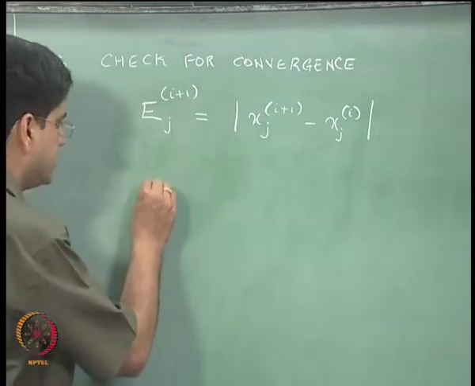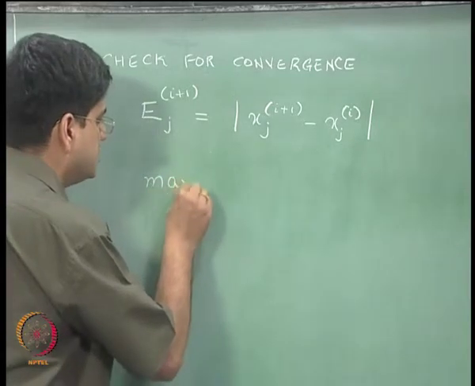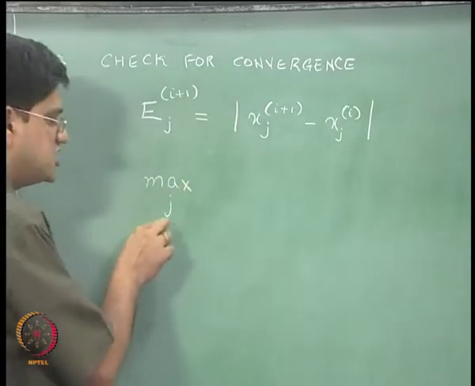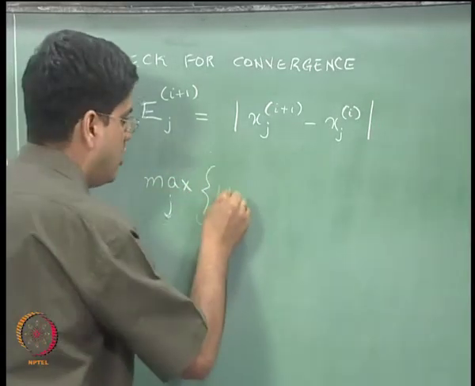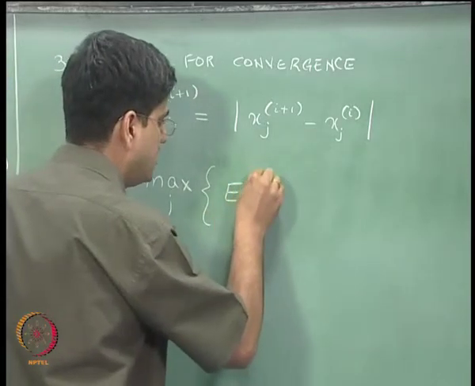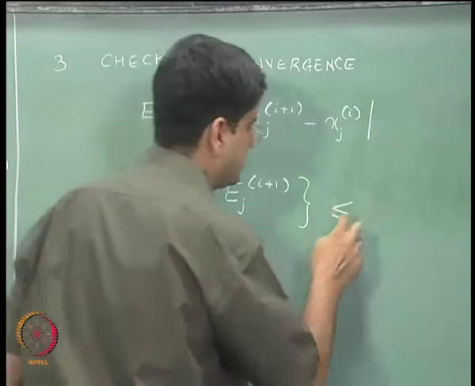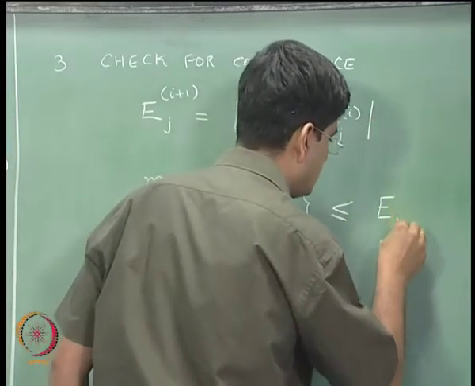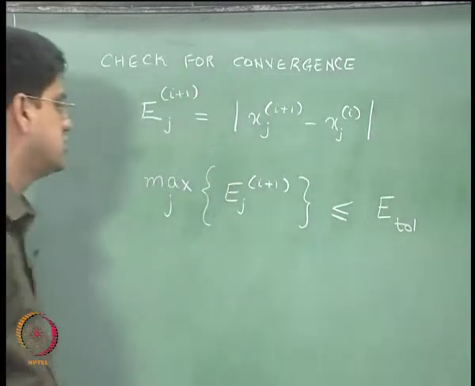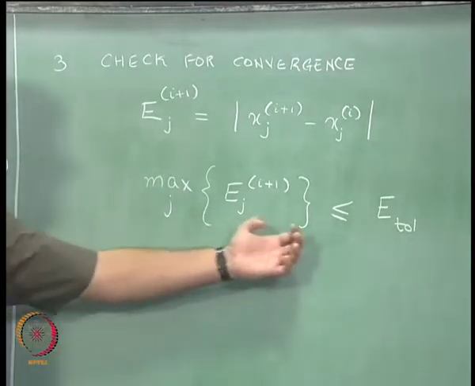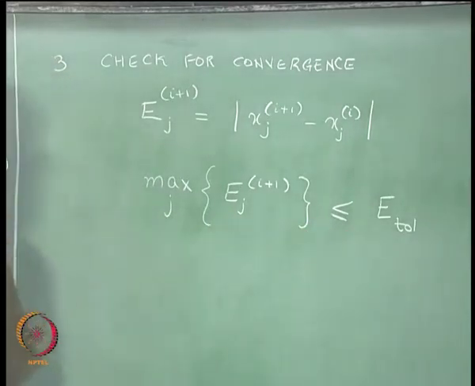So we will write down the maximum over j of ej of i+1 should be less than or equal to E tolerance. Okay, and this is the criterion that we are going to look at.